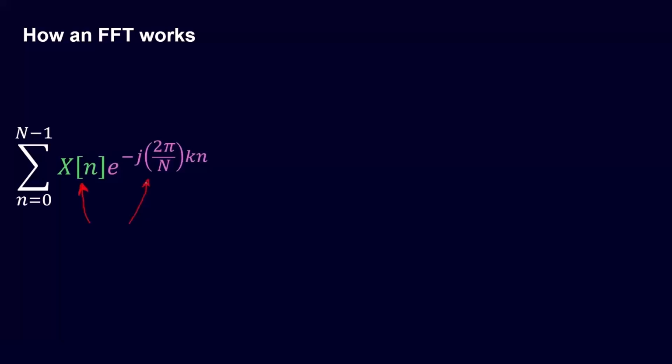If you're not familiar with this complex exponential, it can be broken down into a combination of cosines and sines, where the imaginary portion is the sine. So if you've ever seen the output of an FFT, it gives you the output as a complex value.